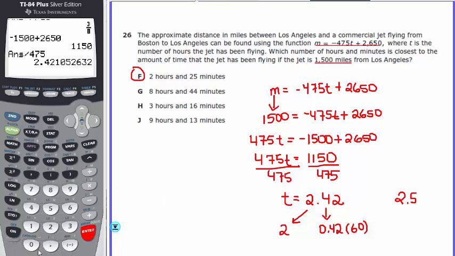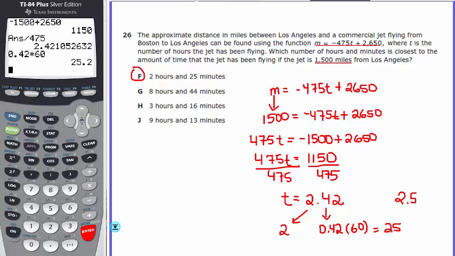So if we multiply that 0.42 times 60, that should give me the amount of minutes, and in this case it tells us that's going to be 25 minutes. So that's why letter F is the correct answer.